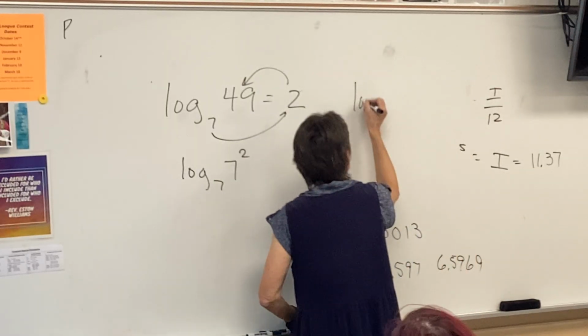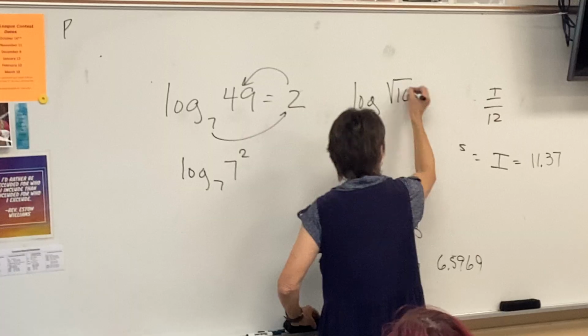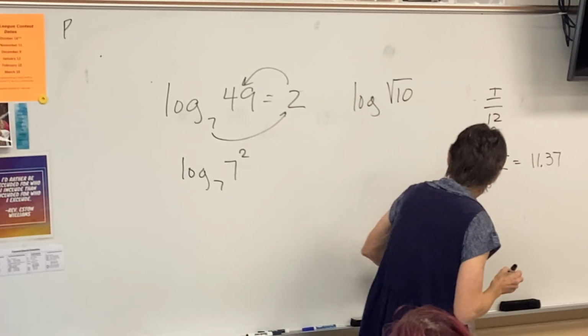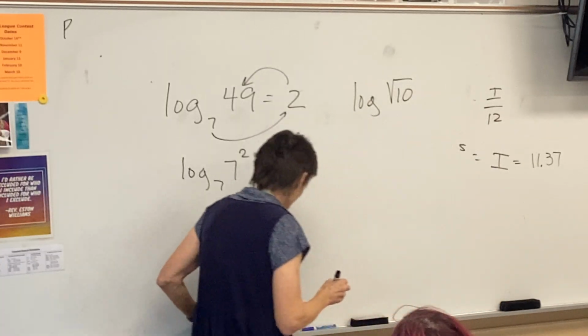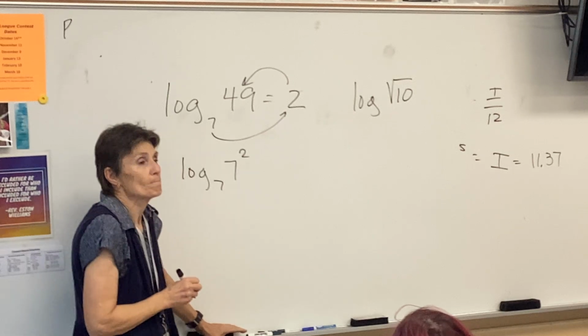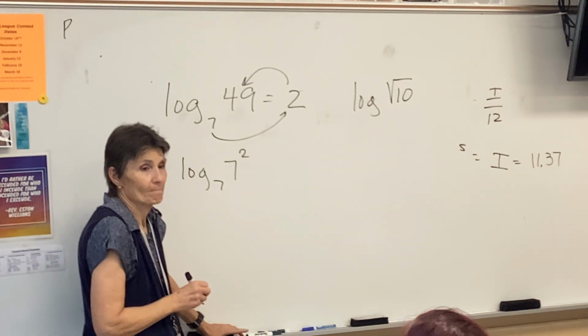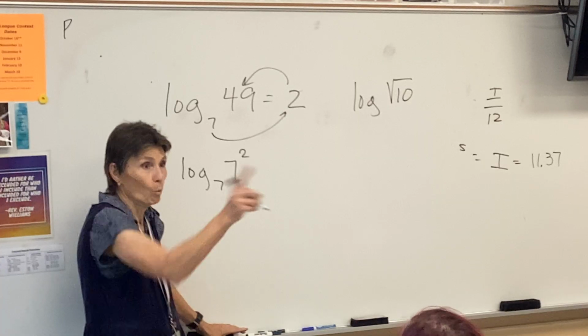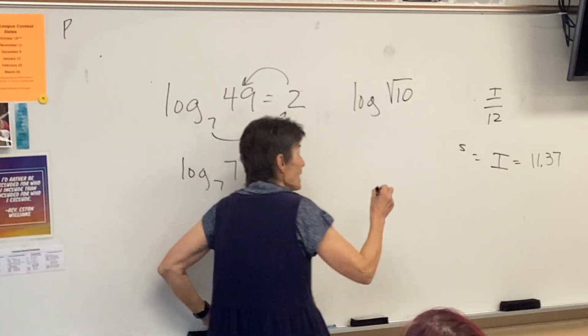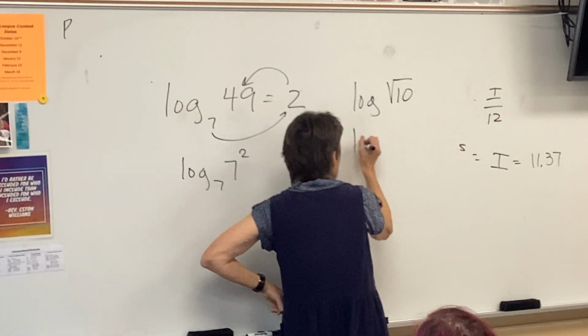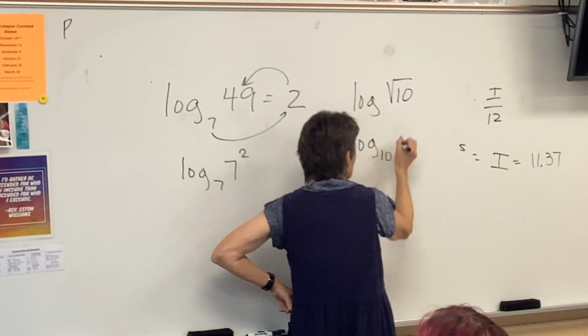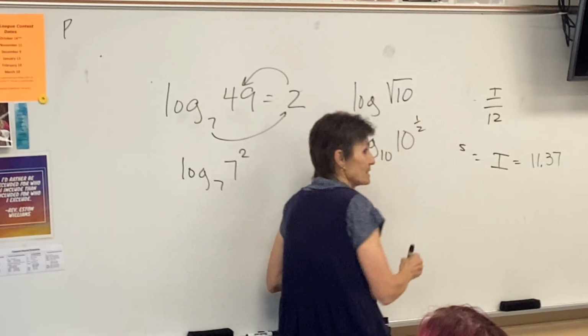All right, how about this one? A little bit harder. What do you think about that one? Maybe 1/2, because this is the log base 10 of 10 to the 1/2, isn't it?